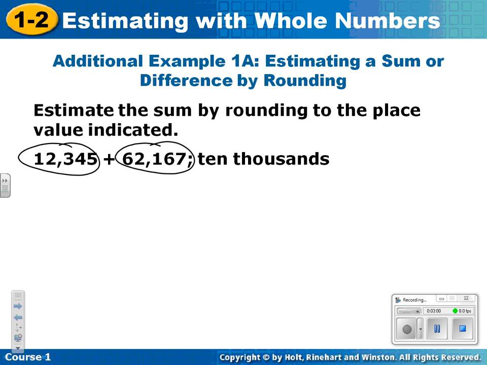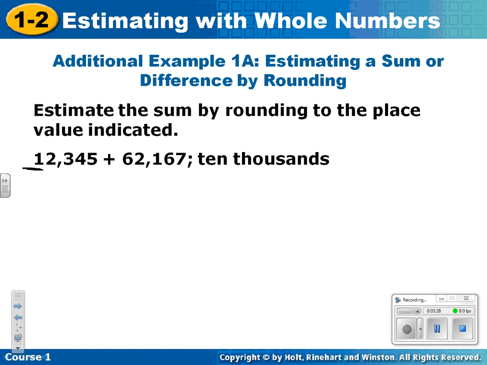So when we want to round 12,345 to the nearest 10,000's place, first thing we need to do is find the 10,000's place. Which number is the 10,000's place? The 1. The 1 is the 10,000's place. After we round, what is every number after the 10,000's place going to be?